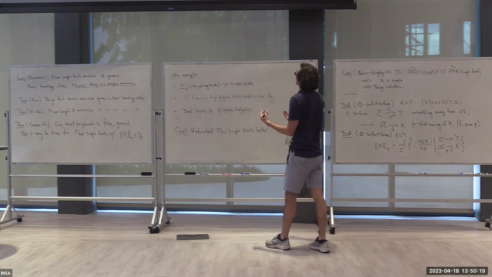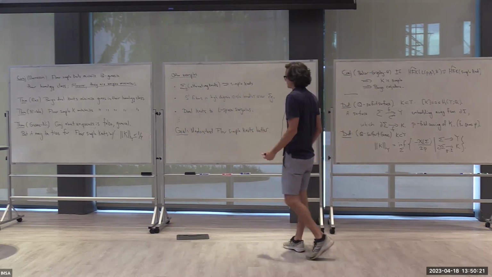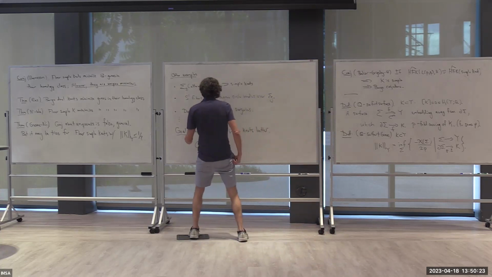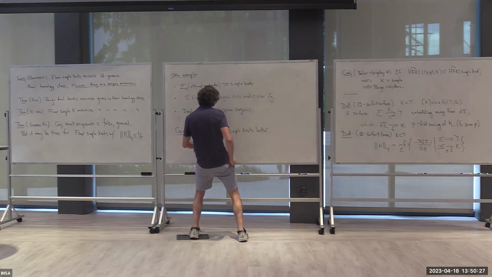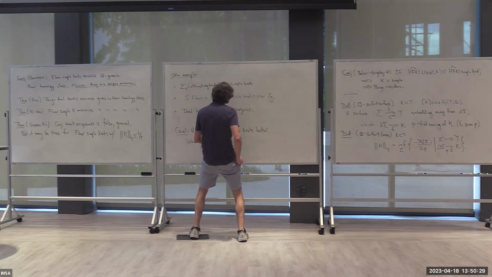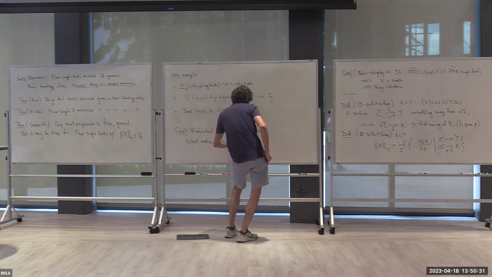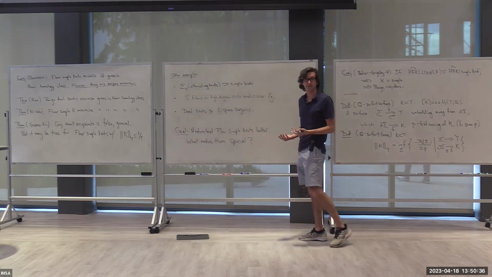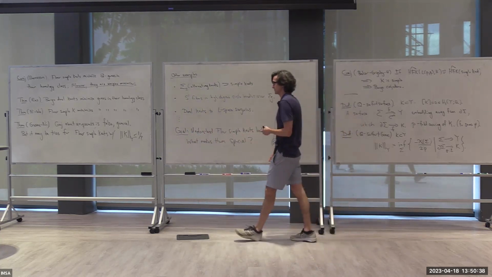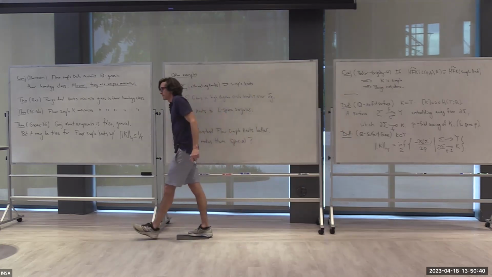Hopefully, maybe classification is too much, but what makes them special, from maybe a geometric perspective? And hopefully special enough to say that they're uniquely characterized by some of these important conjectures.